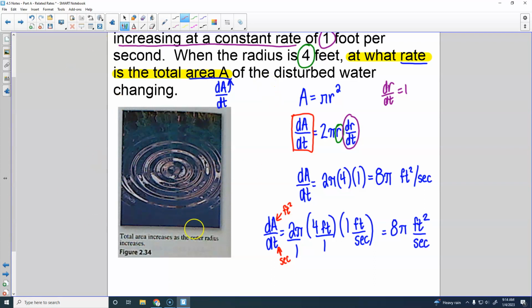But I think the reason that we look at pebbles and ponds instead of much bigger things is because things like the terrain, there's a lot more factors that have to be considered, and your answer is not going to be as accurate, whereas here we can have a fairly accurate answer.